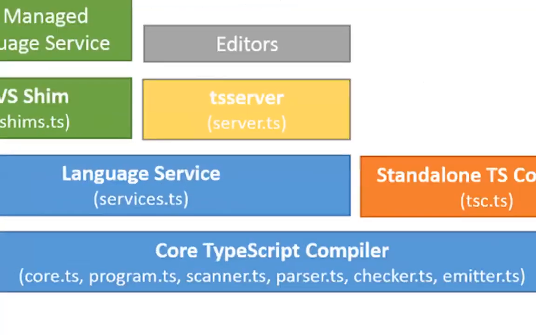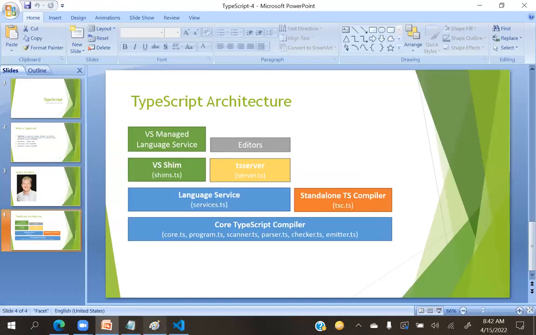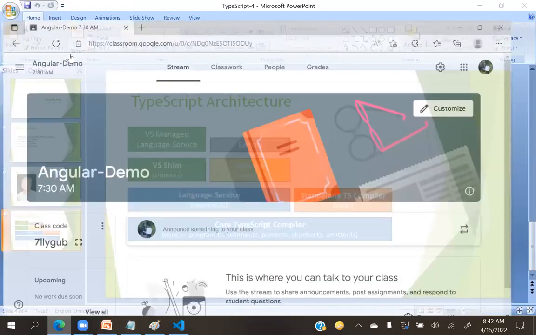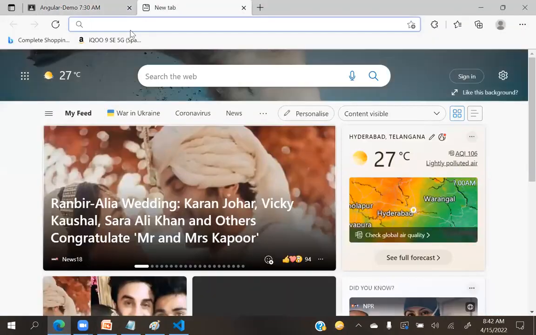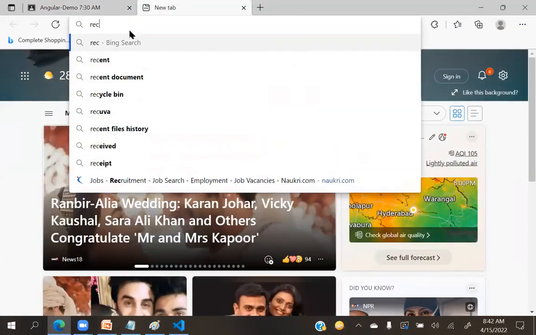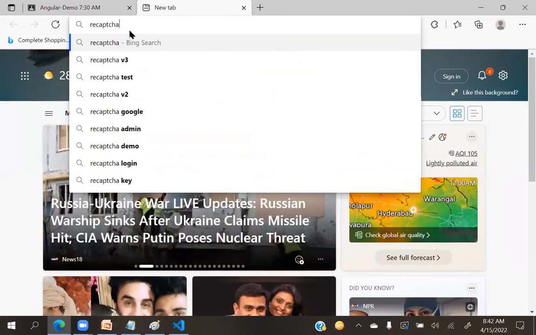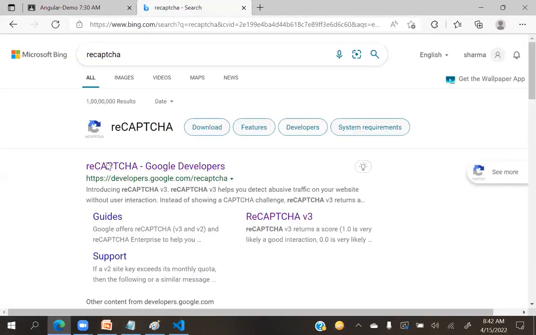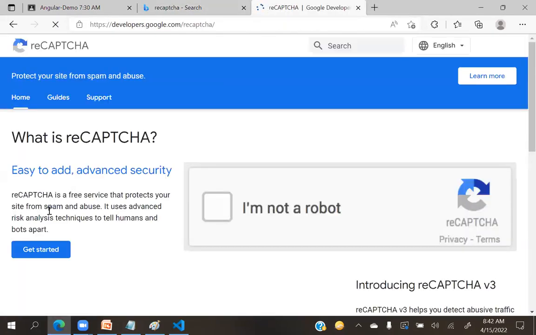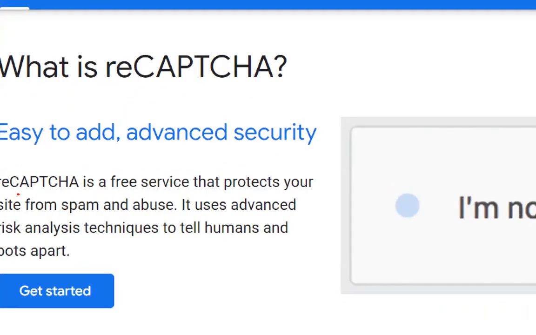So, for example, you see Google reCAPTCHA. It says that reCAPTCHA is a free service that protects your site from spam and abuse.